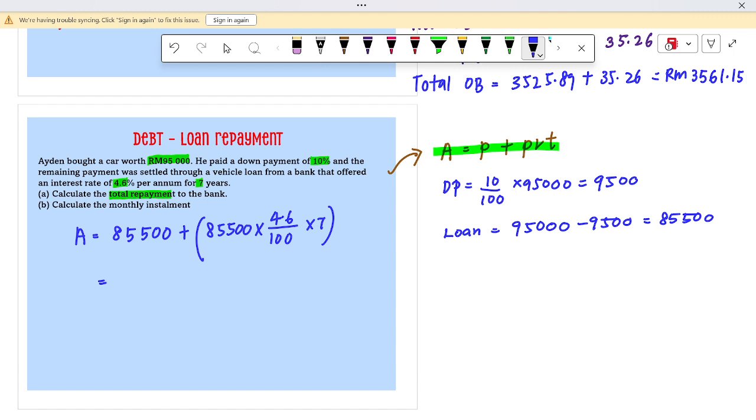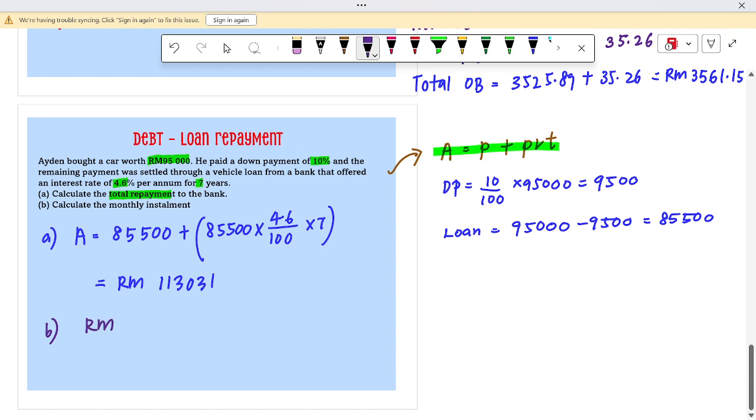Okay, so your total repayment to the bank is RM 113,031. This is the total repayment, your principal, your loan amount plus your interest together. Okay, for the first question. Question B, they ask for monthly installment.